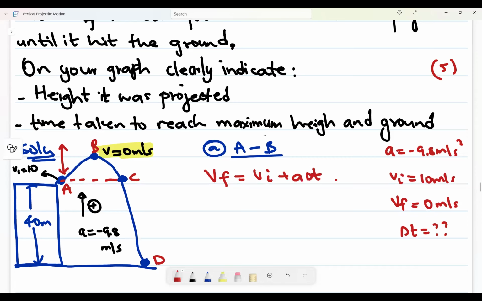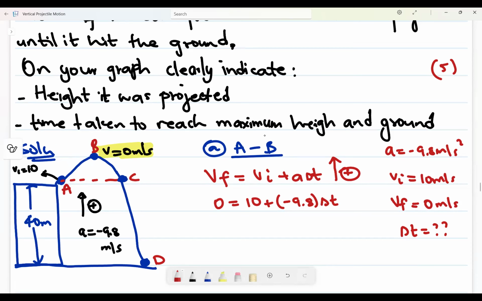Please show the examiner that you chose upwards as positive. Okay? When you chose upwards as positive, what is your final velocity? Your final velocity is at the maximum height, it is 0. Initial velocity, it is 10. It is positive. Why? Because it is moving upwards and we chose upwards as positive. Plus acceleration, it is negative 9.8 meters per second squared. Then change in time, it is what we are looking for.